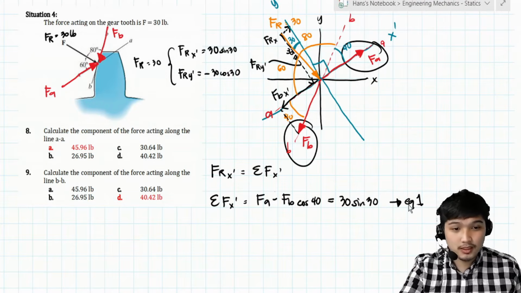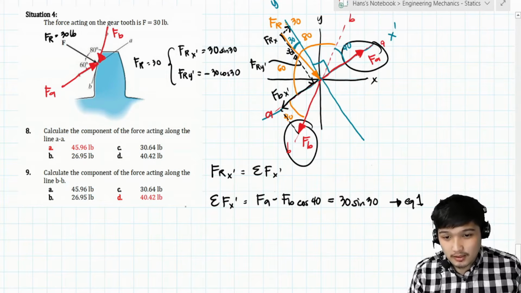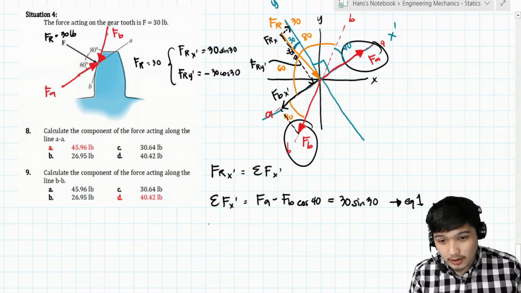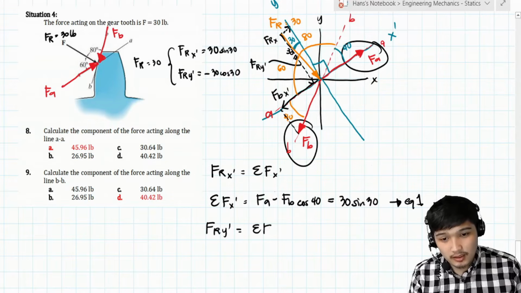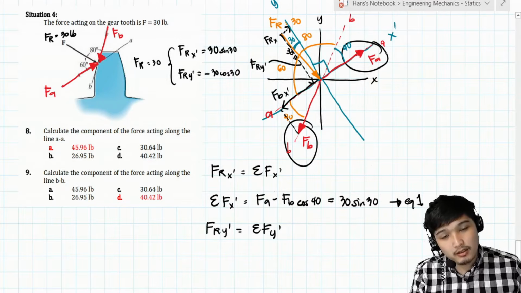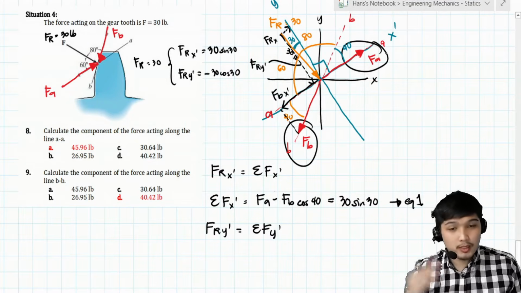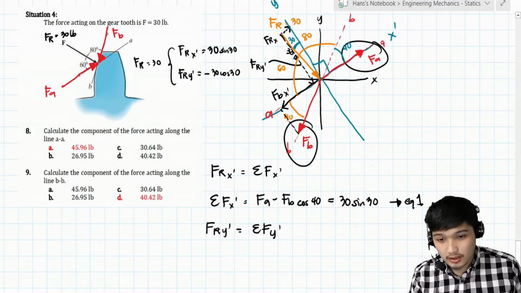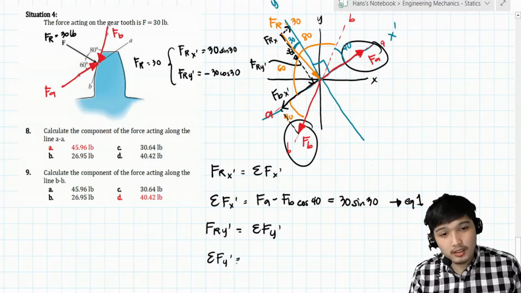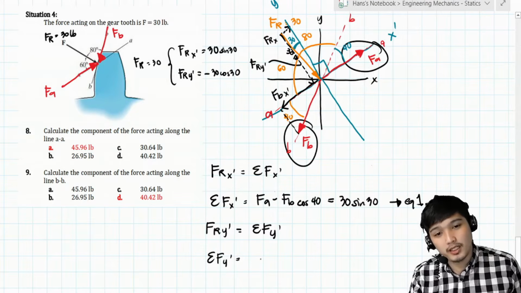Okay? It's hard. Next, let's consider the vertical component. FR y prime is equal to the summation of all forces along y prime. FA has no component along y prime, so it is 0. Summation of Fy prime: FA, none, so 0.